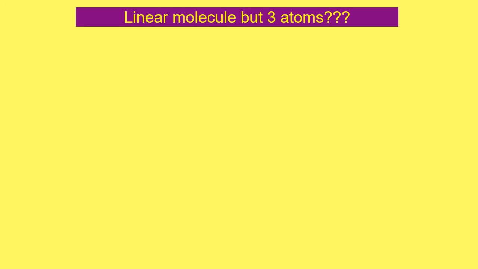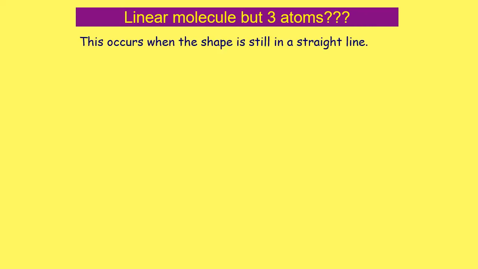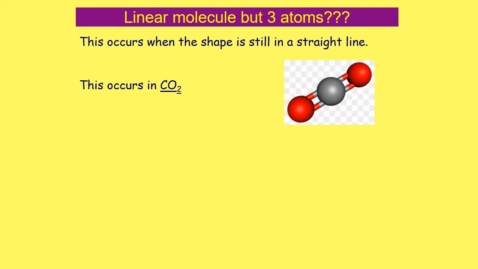So let's look at a molecule that has 3 atoms but forms a linear molecule. By linear, we mean the atoms all lined up in a straight line. And a good example of a molecule that is a straight line, that's linear, with 3 atoms is carbon dioxide. Carbon dioxide looks like this.